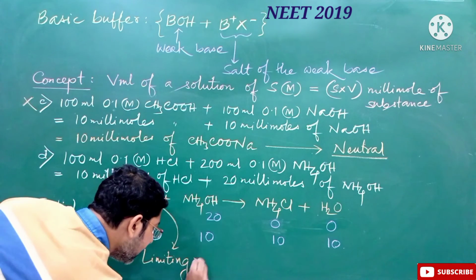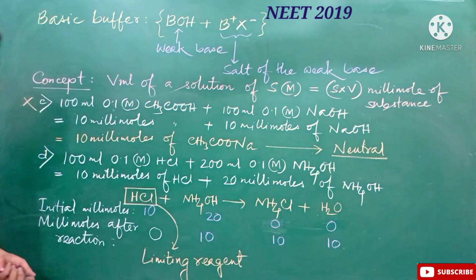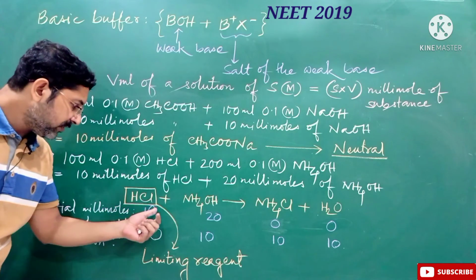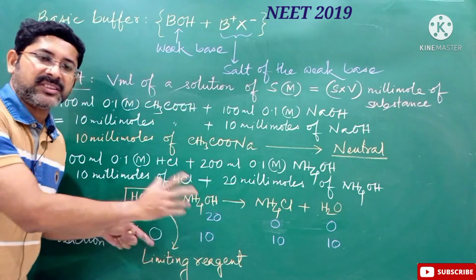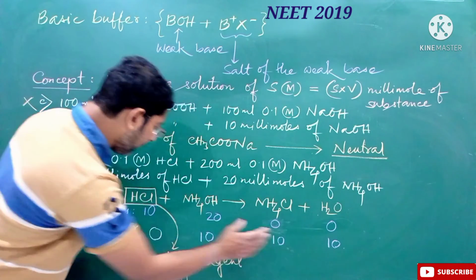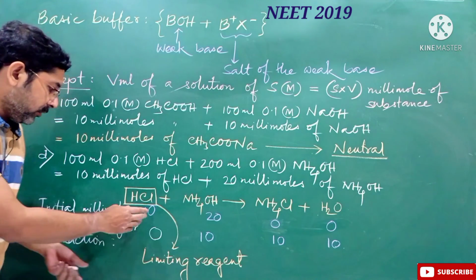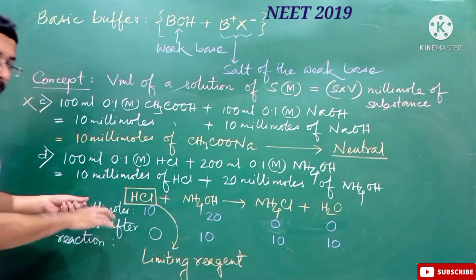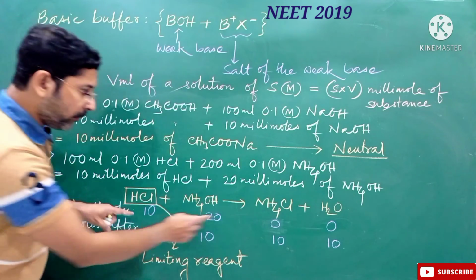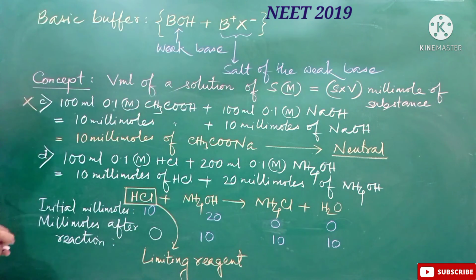The reagent which is completely exhausted in the reaction is known as limiting reagent, and the amount of product formed depends upon the limiting reagent. So the 10 millimoles of HCl will be consumed completely to form 10 millimoles of ammonium chloride and 10 millimoles of water. And what will happen?